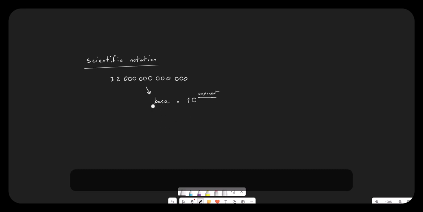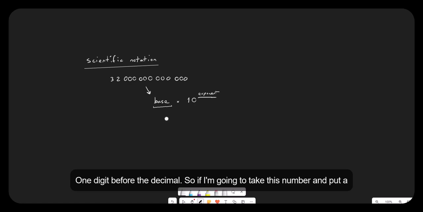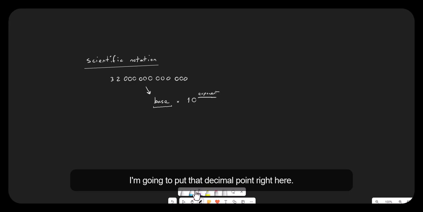This base is a one-digit number, one digit before the decimal. So if I'm going to take this number and put a decimal point in somewhere so that this is one digit before the decimal, I'm going to put that decimal point right here. So in this case, my base is going to be 3.2.